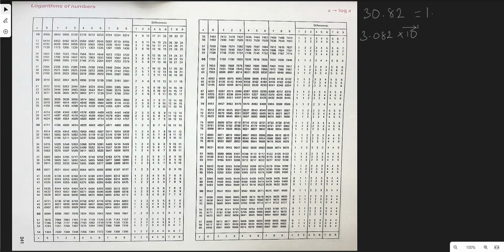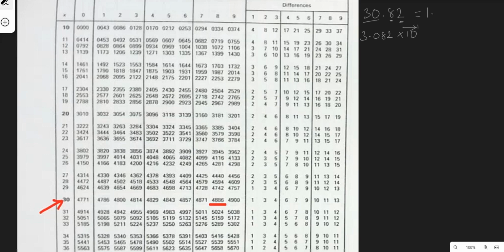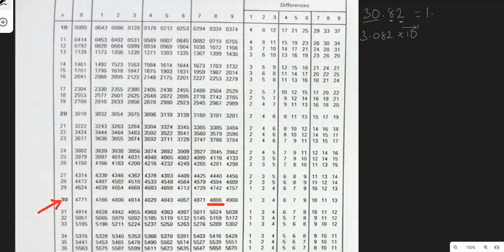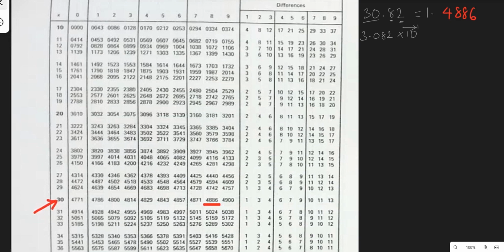So you put 1 here, and then you can go to your table and look for 30 under 8, difference of 2. Let's do that right away. So I come here, I look for 30, I find 30 here. I check what the value of 30 is under 8. Under 8, I find it here, and it says this is 4886.